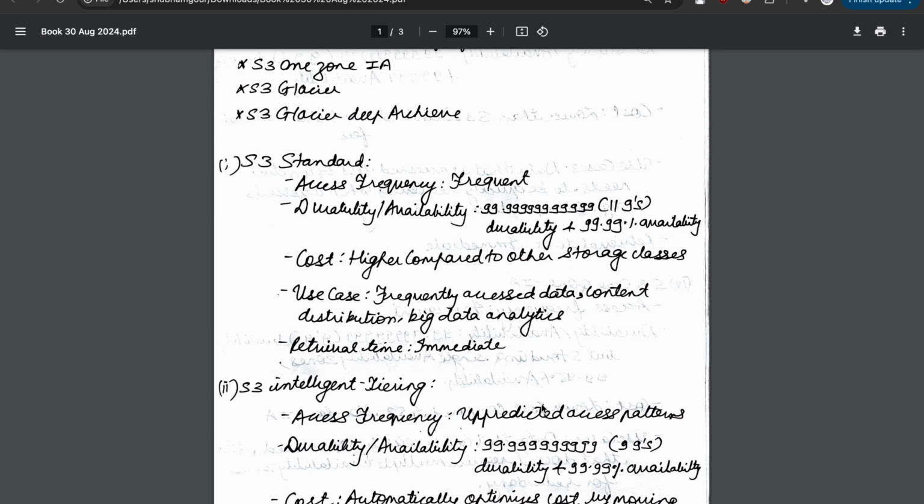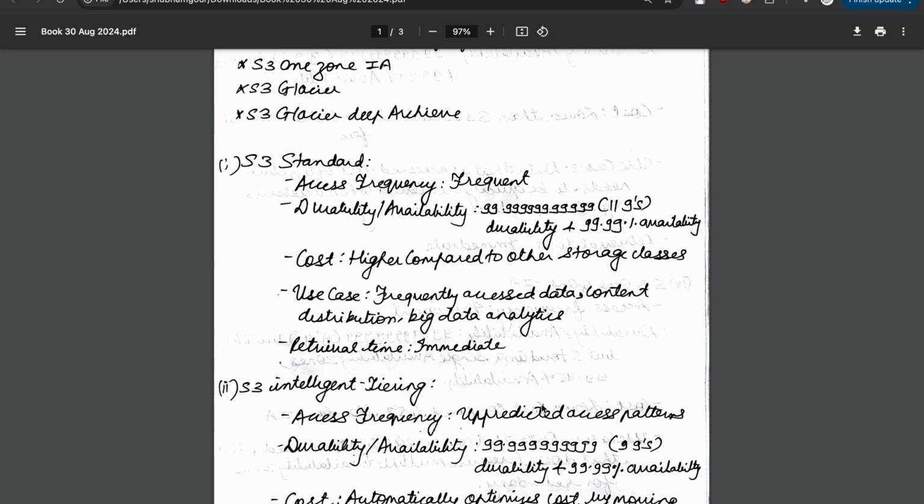Since it is providing so much flexibility and we are accessing the data so frequently, the cost of S3 Standard is very high compared to other storage classes. The use case is frequently accessed data. You can use it for content distribution and big data analytics. Here the retrieval time is immediate.